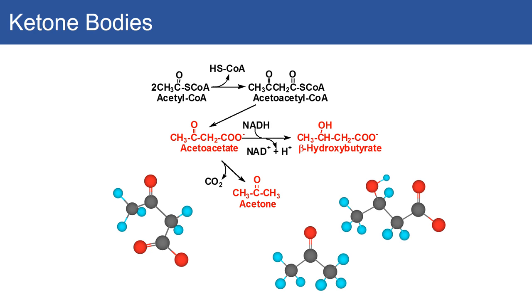This happens when your diet is mainly fat and low in carbs, or when your diabetes is not in control, or in starvation conditions. In fasting or diabetes, gluconeogenesis is activated and oxaloacetate is consumed in this pathway, and fatty acids are oxidized, producing a lot of acetyl-CoA, which is converted into ketone bodies.